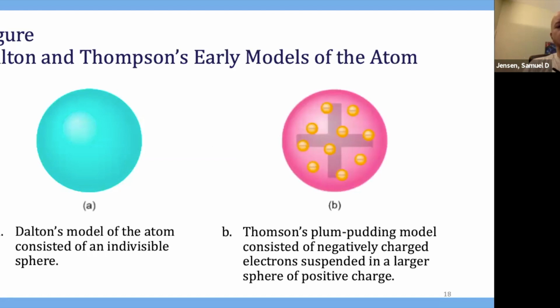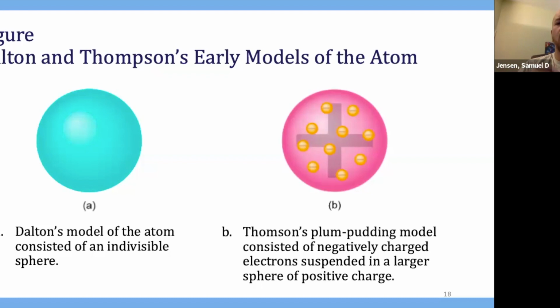As I said, Dalton's model of the atom was simply this spherical bubble, right? It didn't really have any notions that it was made up of anything. The idea was that it was an indivisible object, that there was no way to subdivide it.